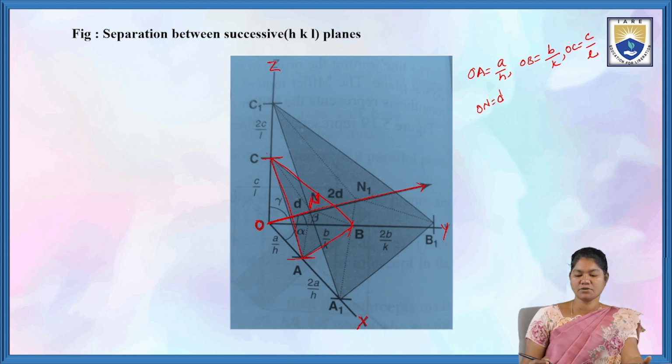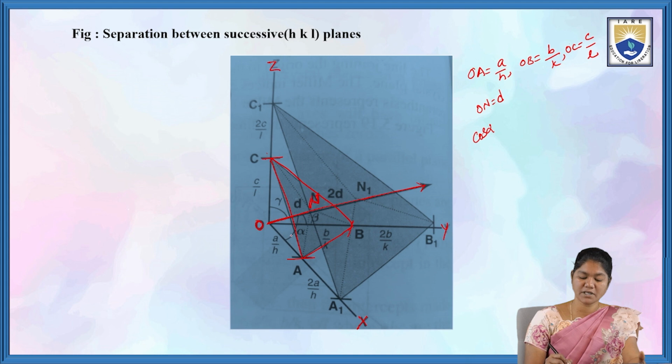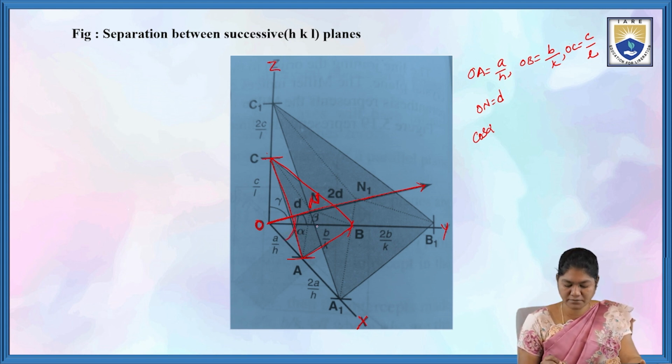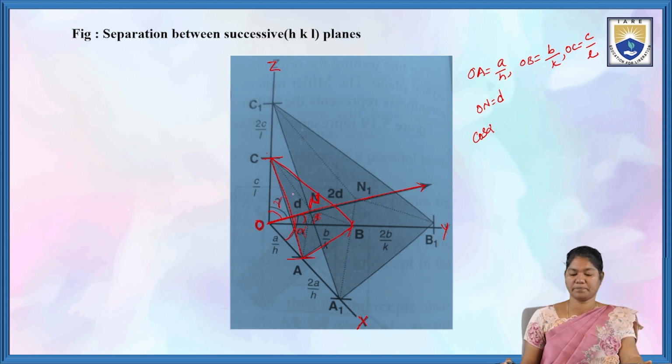Then we have calculated cos alpha by taking the angles. The angles made with the normal: this is alpha, this is beta and this is gamma.